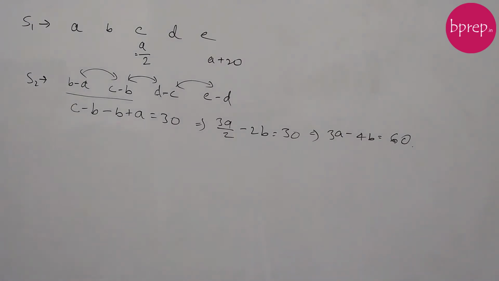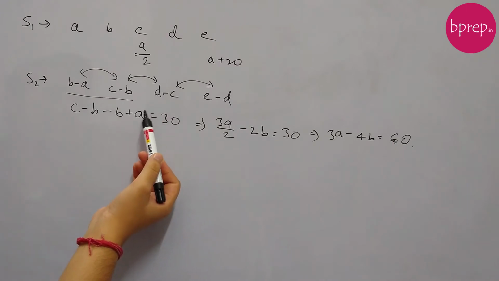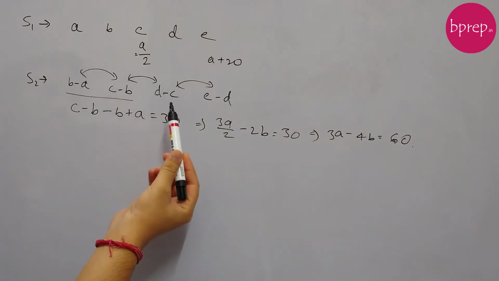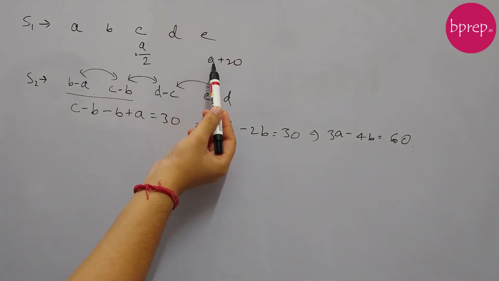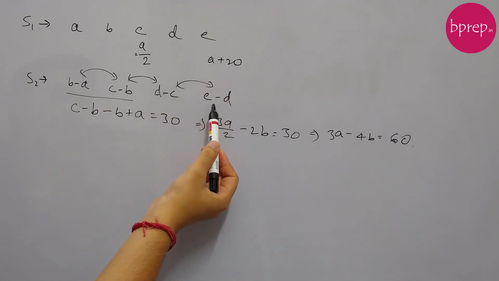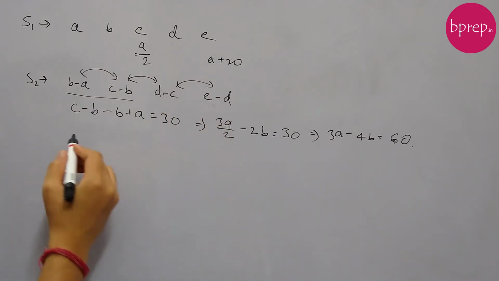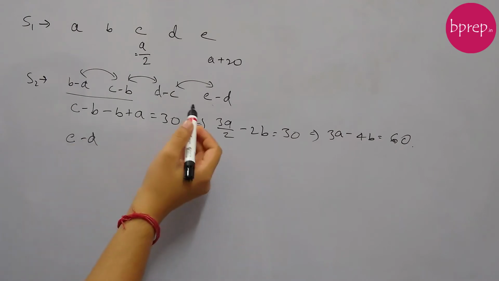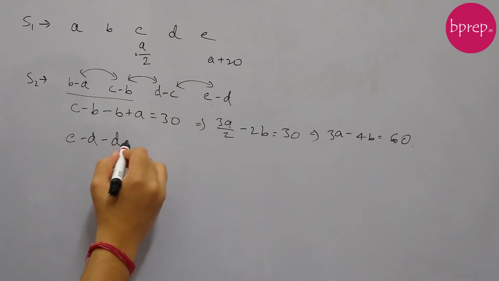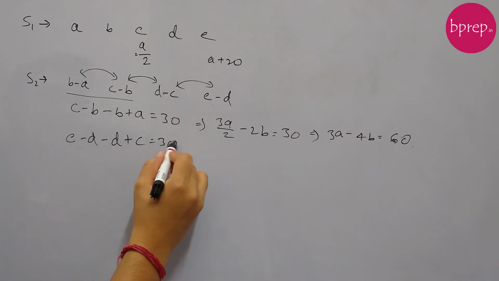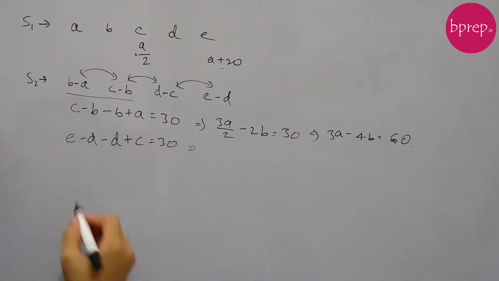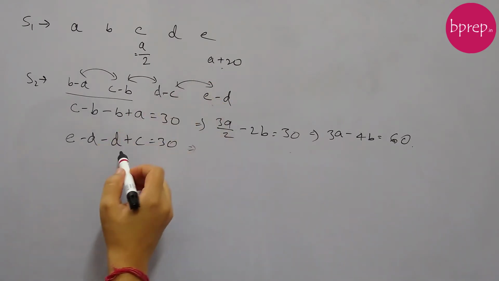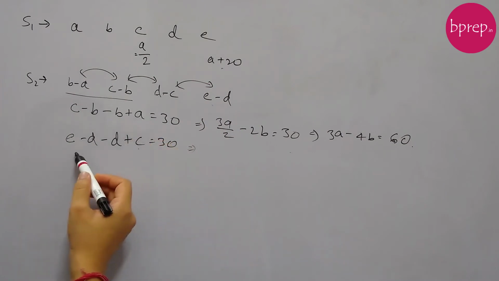Now similarly, we can establish relations between other variables. E can be easily written in terms of A, so my next target would be the fourth term. E minus D plus C is again 30. E is A plus 20 and C is A by 2.